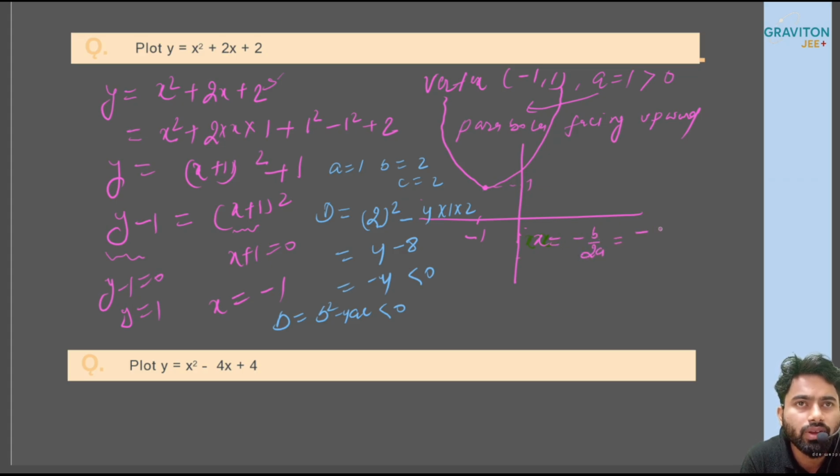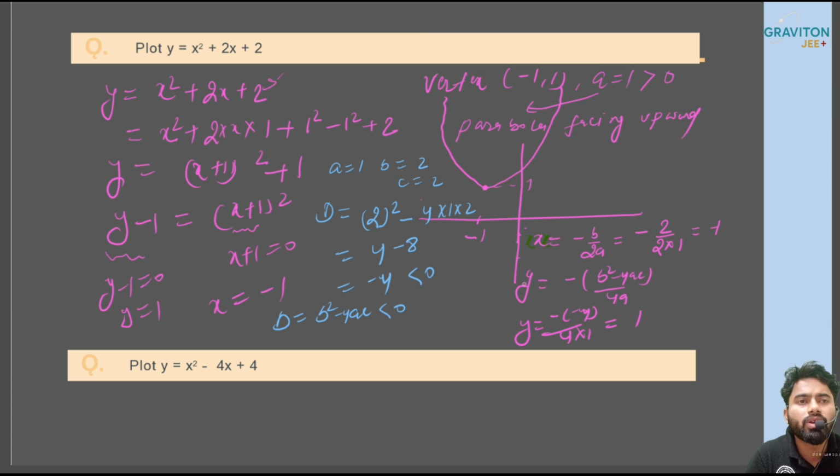So minus b, that means minus 2 upon 2 into 1. So this will be your what? Minus 1. And the y coordinate will be minus of b square minus 4ac upon 4a. Put b square minus 4ac. What is b square minus 4ac? It is minus 4. So put minus of minus 4 upon 4 into 1. So you will get y equal to 1.